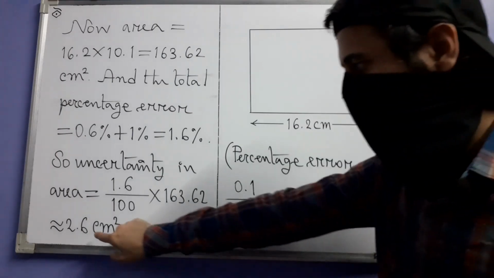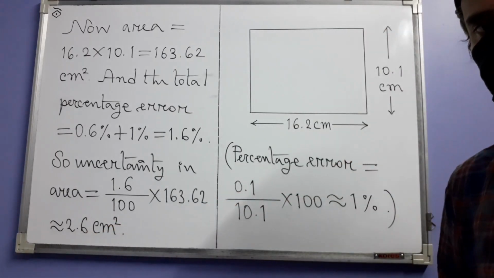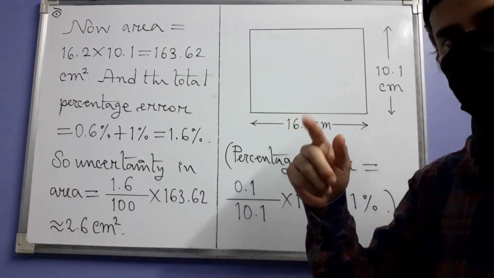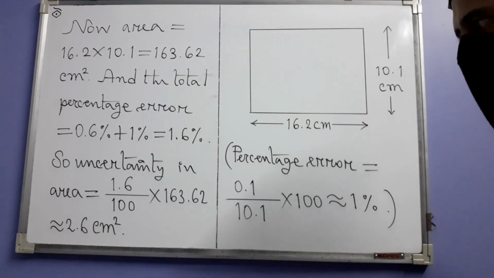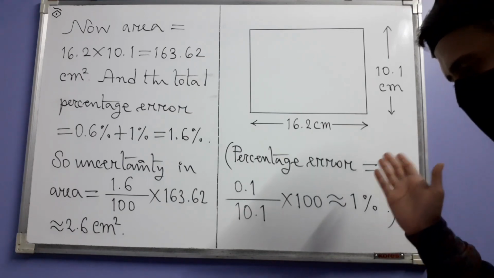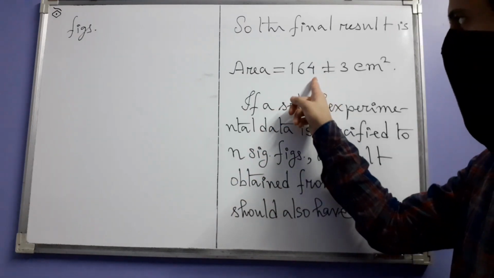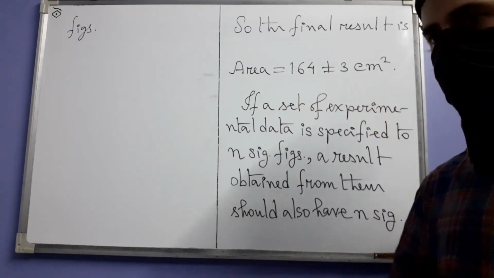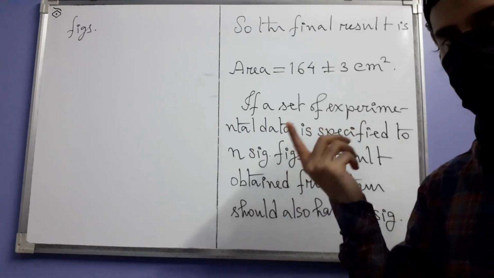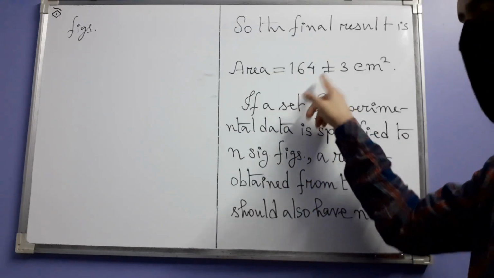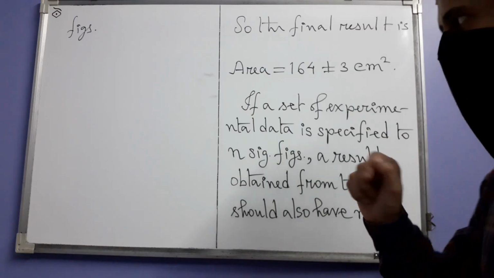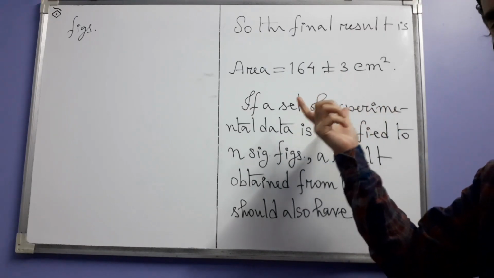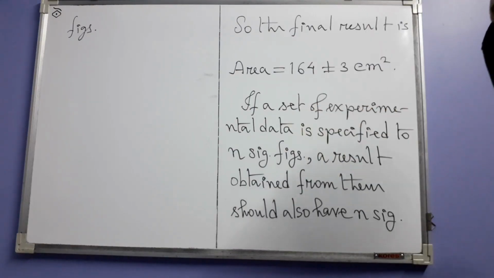In doing so, you have to remove this 6, and that will turn this 2 into 3, because you have to raise that 2 by 1, and that way the final answer is going to look like this: 164 plus or minus 3 centimeters square. So that 163.62 became 164, and that 2.6 centimeters square became 3. That's how we have to write the final answer.